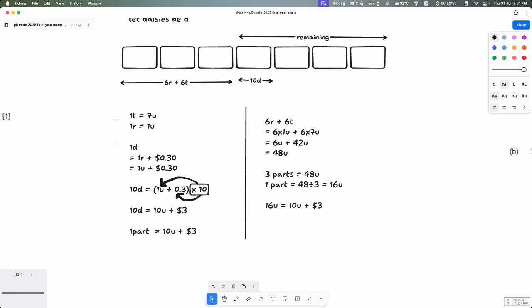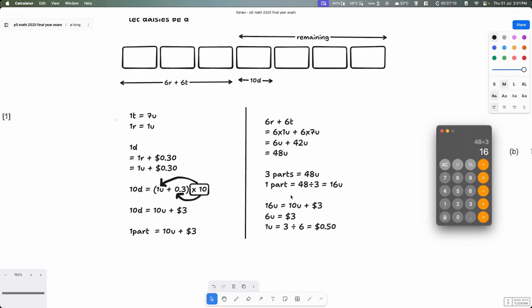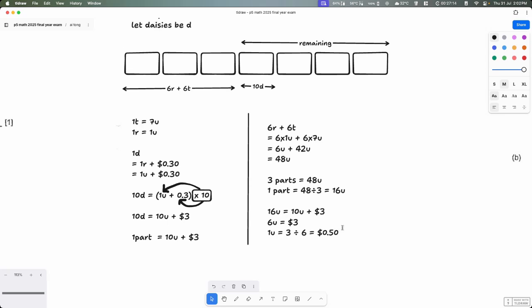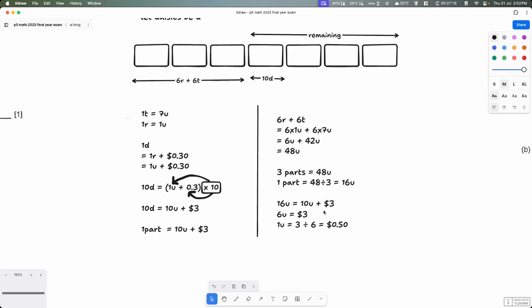So that means 6 units is equal to $3. Then 1 unit is equal to 3 divided by 6. It should be $0.50. Let's double check with our calculator. 3 divided by 6 is 0.5. Correct.